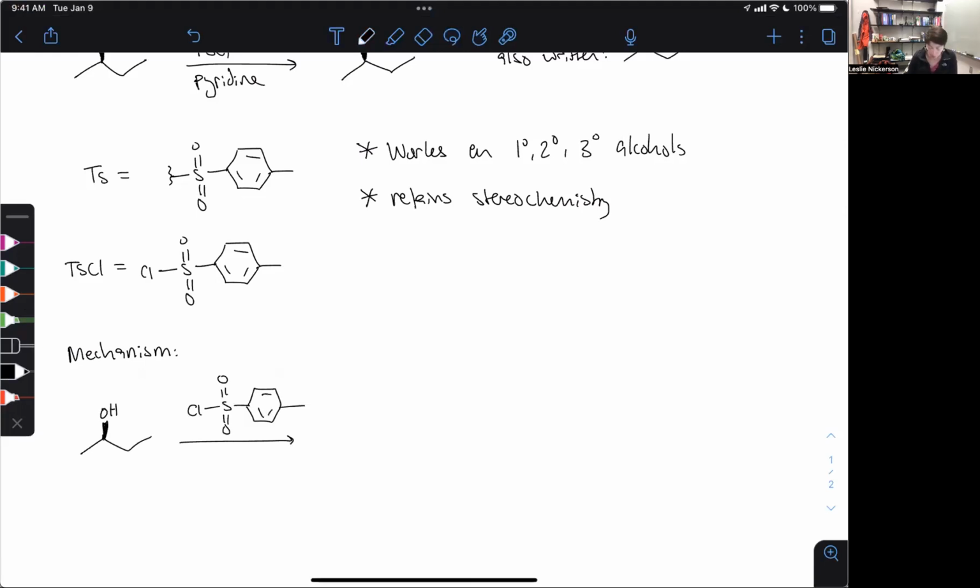Okay, so our very first step here, we're going to have our oxygen lone pairs come and attack that delta plus sulfur. And this is going to look a lot like what we saw in the thionyl chloride mechanism, where those electrons from the S=O pi bond move up onto one of those oxygens.